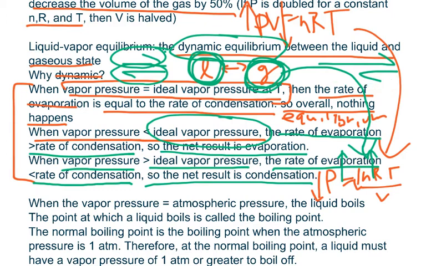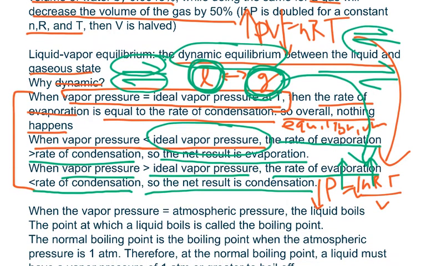But if it's the opposite, where the backward reaction is much larger than the forward reaction, such as over here, then the reaction will overall lean back and go backwards. So you have to think of it as a dynamic system where two things are happening, and you have to add them up to see what actually happens overall.